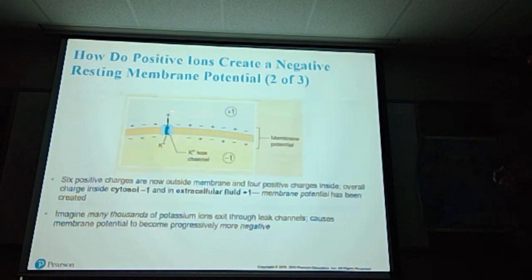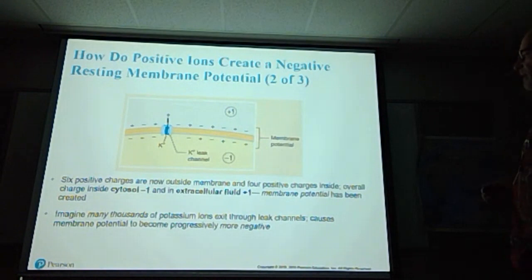There it goes. We now have an electrical potential. We have plus 1 millivolt up here, minus 1 down here. Six positive charges are now outside the membrane, four positive charges on the inside. Overall charge inside the cytosol, minus 1. Extracellular fluid, plus 1. Membrane potential has been created.